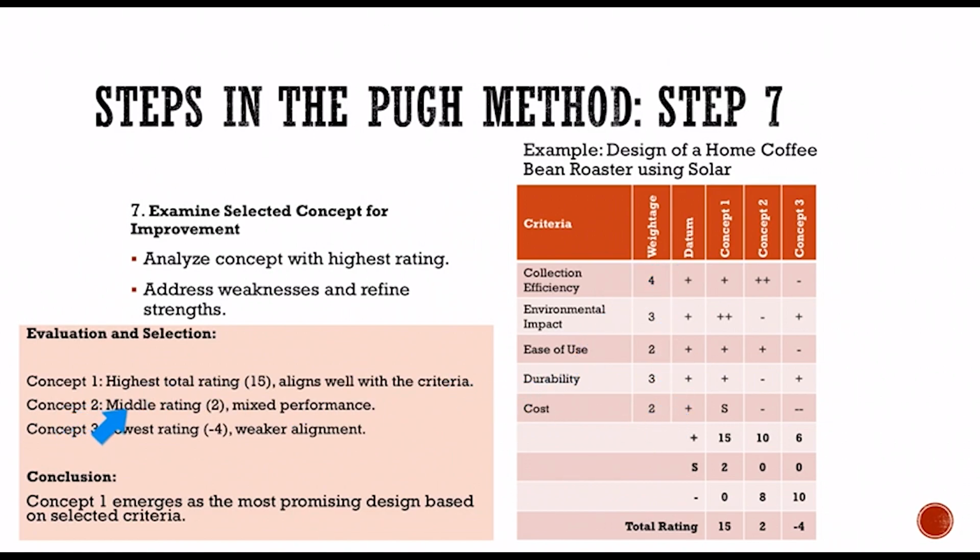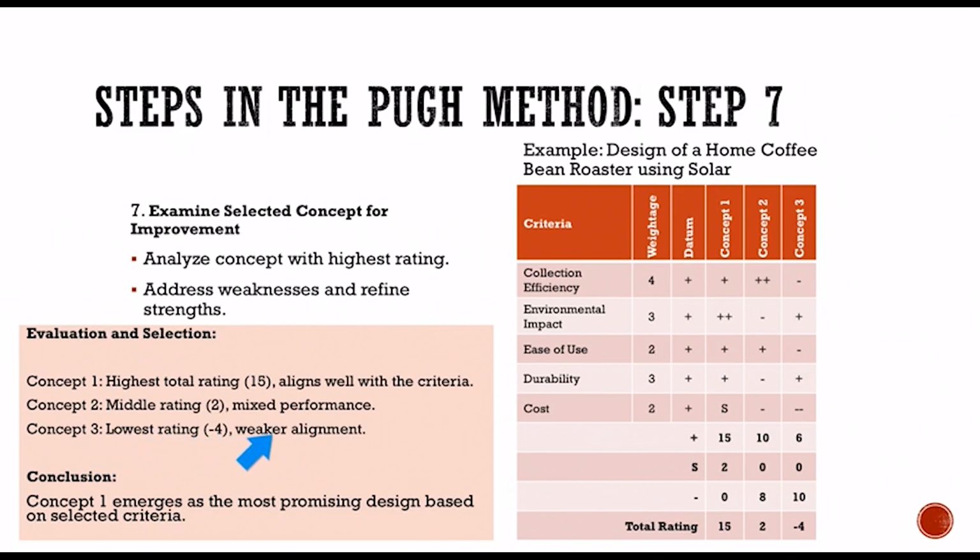And then for concept number 2, it has the middle rating, which is 2, and then it has mixed performance, means that there is a plus here but there is a worse performance here, so it is a mixed performance.